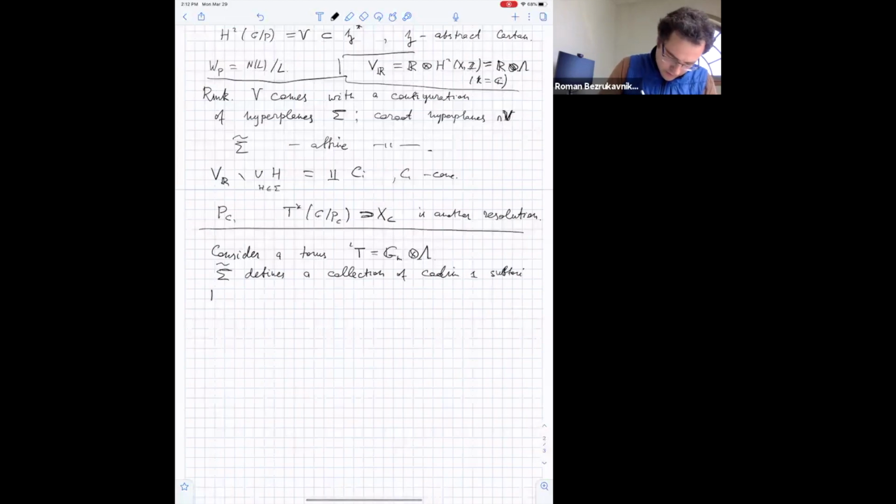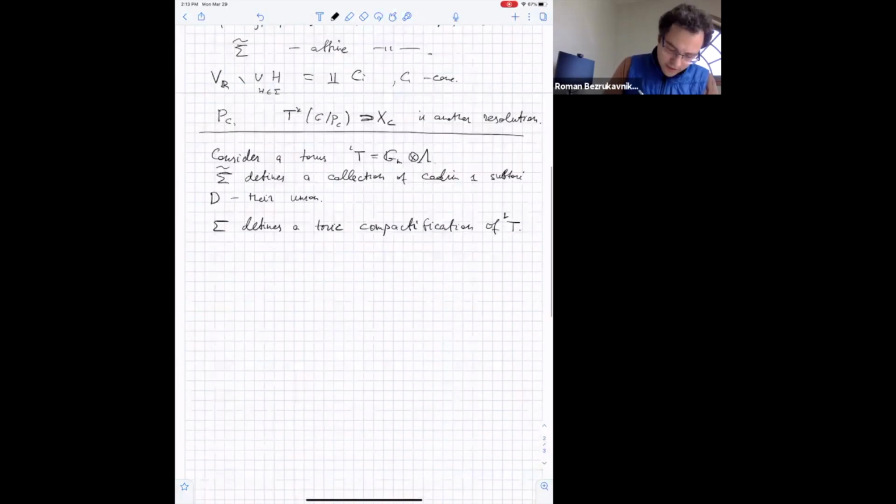And so let D be the union. And then sigma defines a toric compactification of this dual torus, which I will call bar, and to each cone C, I can assign a point XC in TL bar.